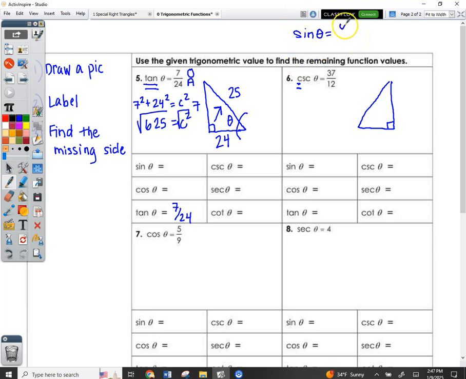So sine is opposite over hypotenuse. So this would be hypotenuse over opposite. And then fill in your picture, find your missing side.